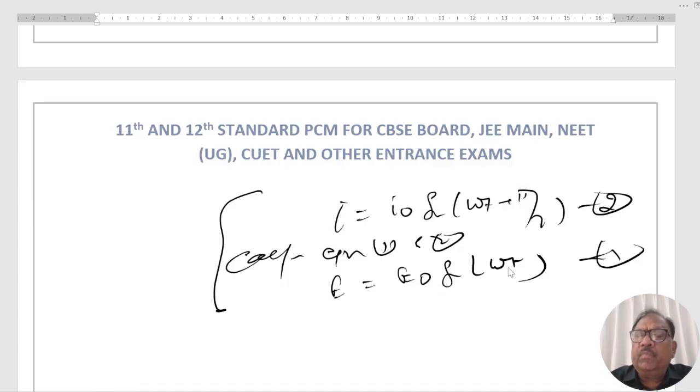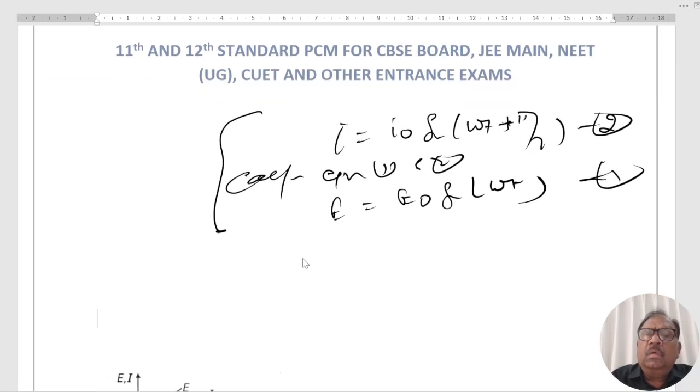Then omega t must be positive on both sides, with the angle that comes with it, plus or minus, using the trigonometric formula. In this case we see omega t is advanced by pi by 2, meaning I leads the V by 90 degrees.